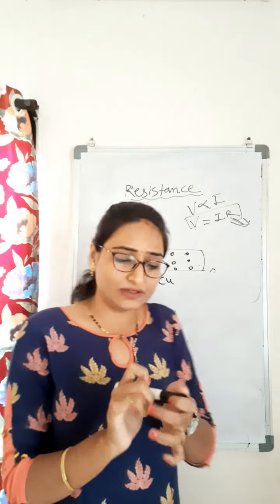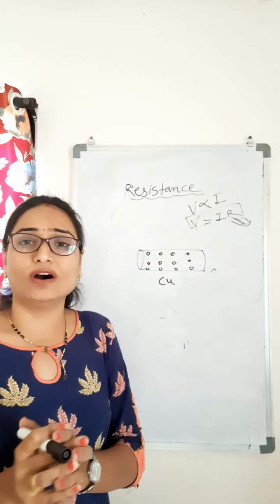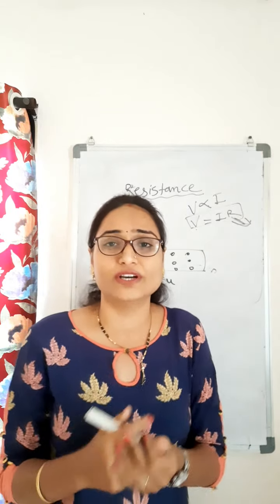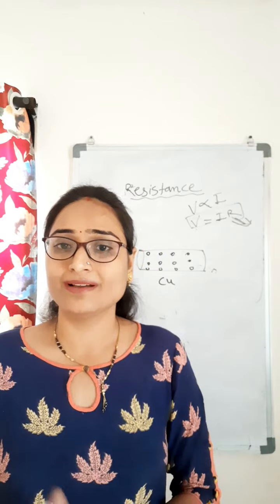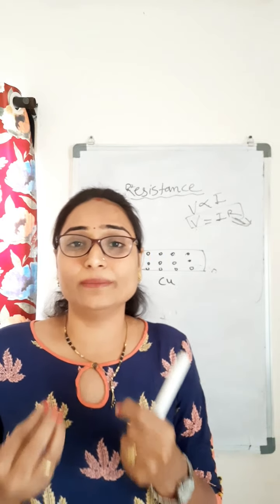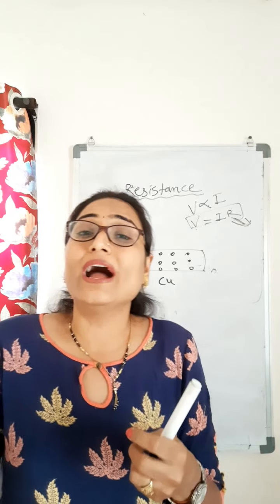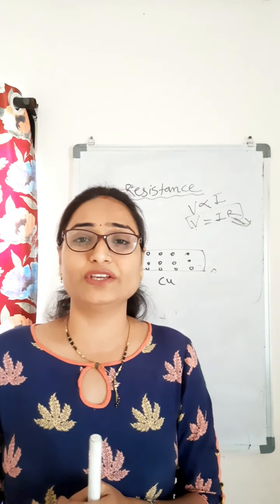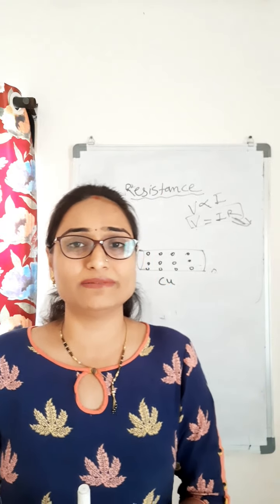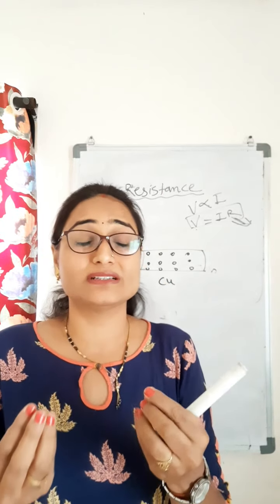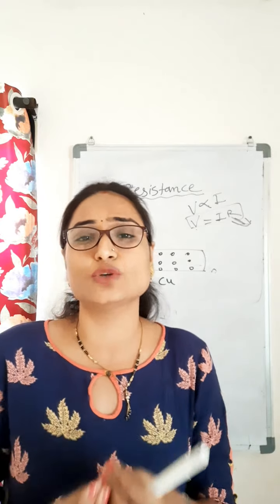And do you think all conductors, any copper wire, or silver or gold, are pure? You can take a very nice example of gold. If you want to make jewelry of gold, you have to mix some impurities, like some silver or sometimes copper. They mix them because pure gold is very soft.